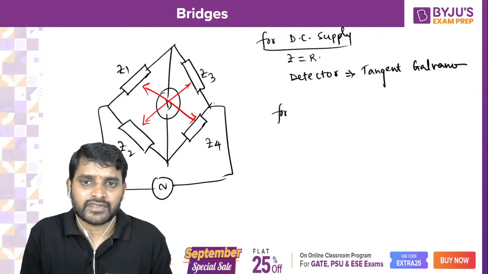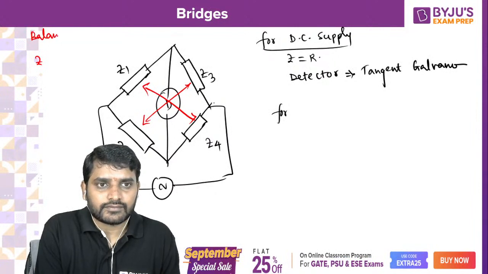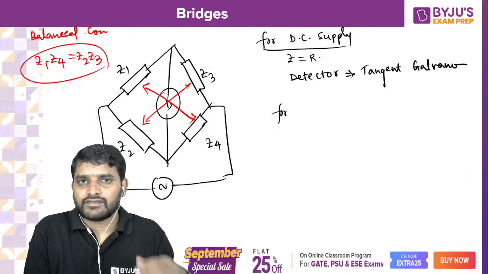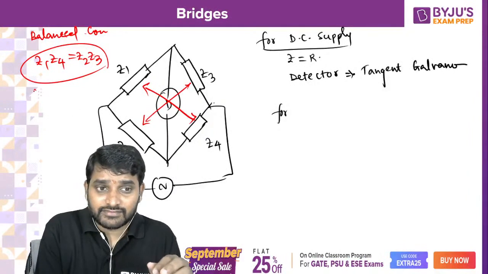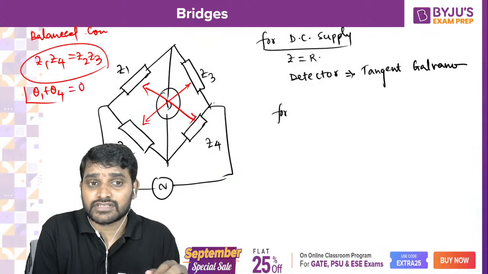So it depends. Balanced condition: Z1 Z4 equals Z2 Z3. For DC only magnitude. For AC, phase angle also should be balanced, that is theta 1 plus theta 4 is equal to theta 2 plus theta 3.